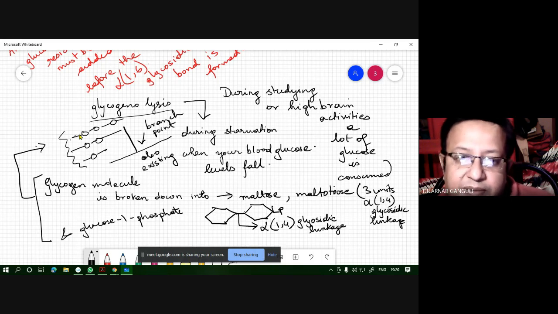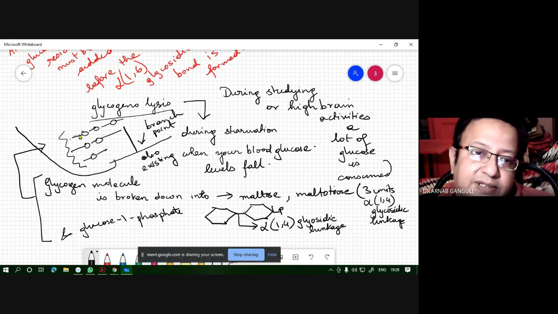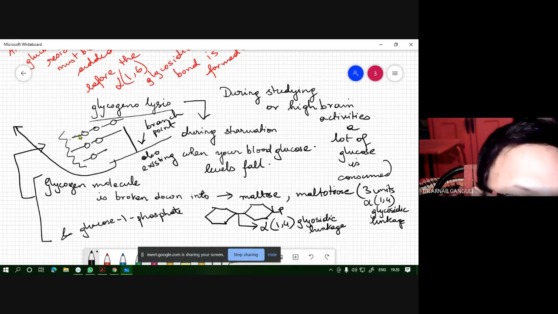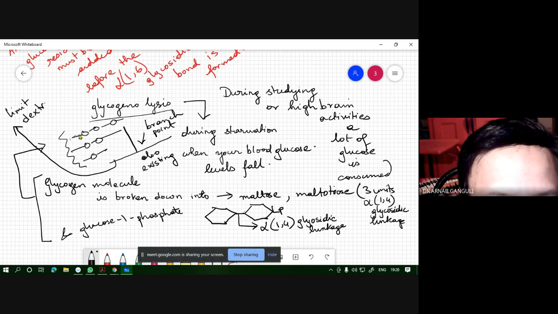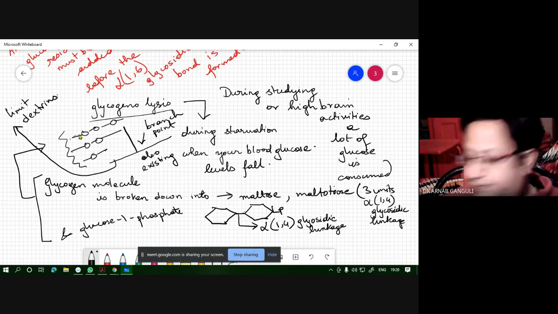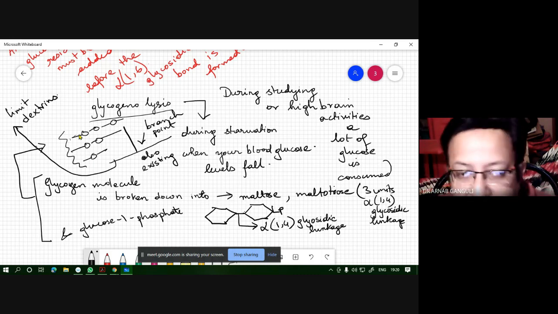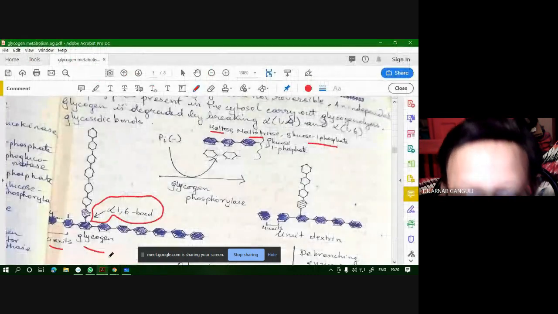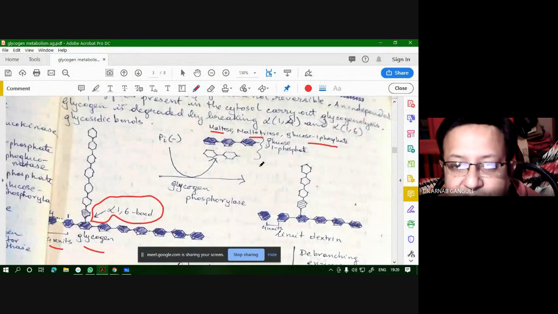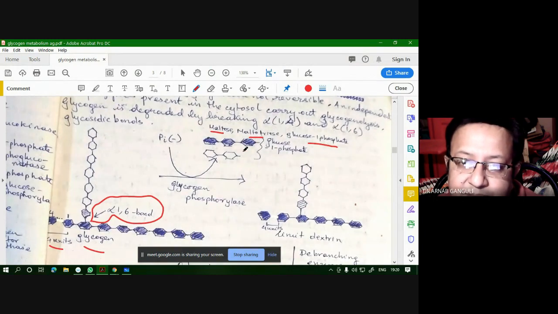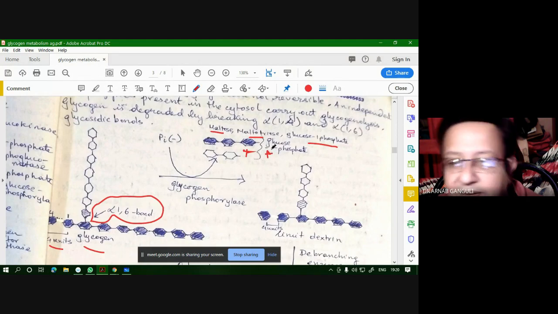Sometimes these are known as limit dextrins. So let us now get back. Glycogen phosphorylase makes these things and glucose 1-phosphate, these three things are formed. So the result is you get this limit dextrin present.